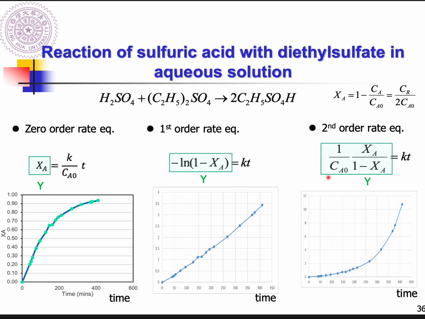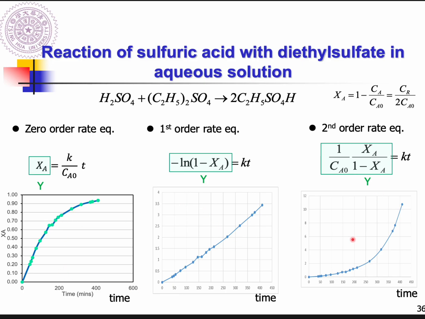So what I do is I also input the XA here and use this as the Y-axis and this as the X-axis. Then I try to plot this figure, and if it is a straight line, then it belongs to the second order rate equation, but it is not, right?